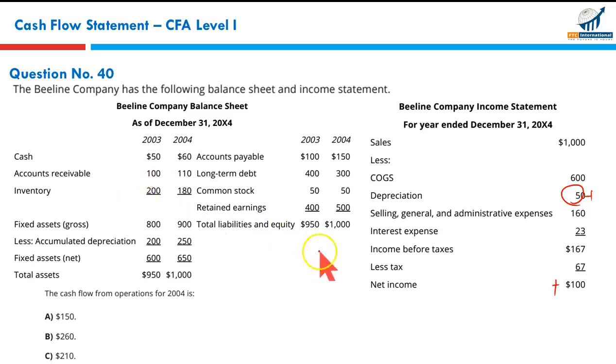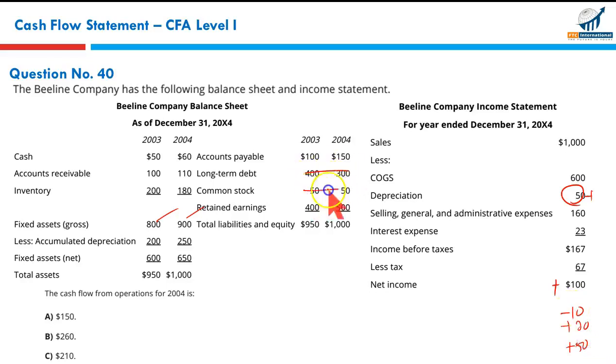Over the period, your accounts receivable have increased by 10. An accounts receivable increase means an outflow, minus 10. Inventories have reduced by 20. It's an inflow. Depreciation has already been taken care of. Accounts payable have increased over the period, which means we have delayed making payment to them, plus 50.